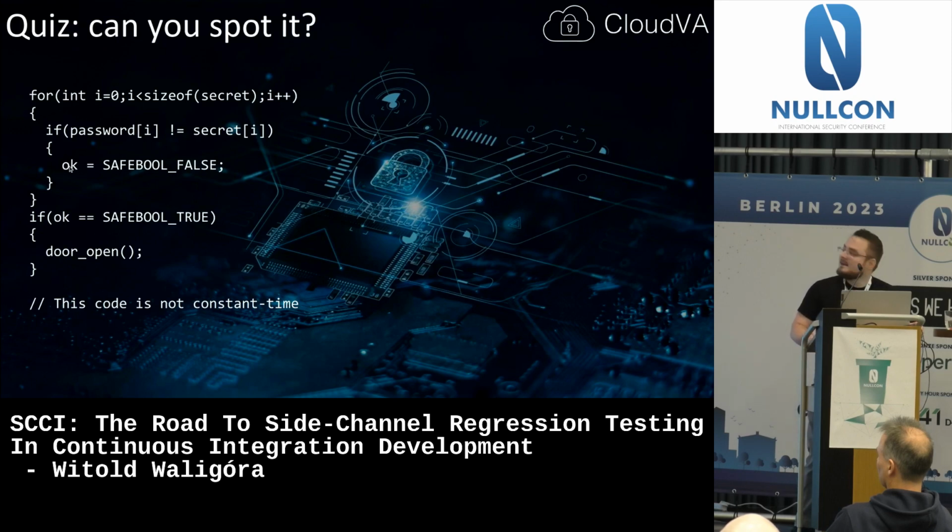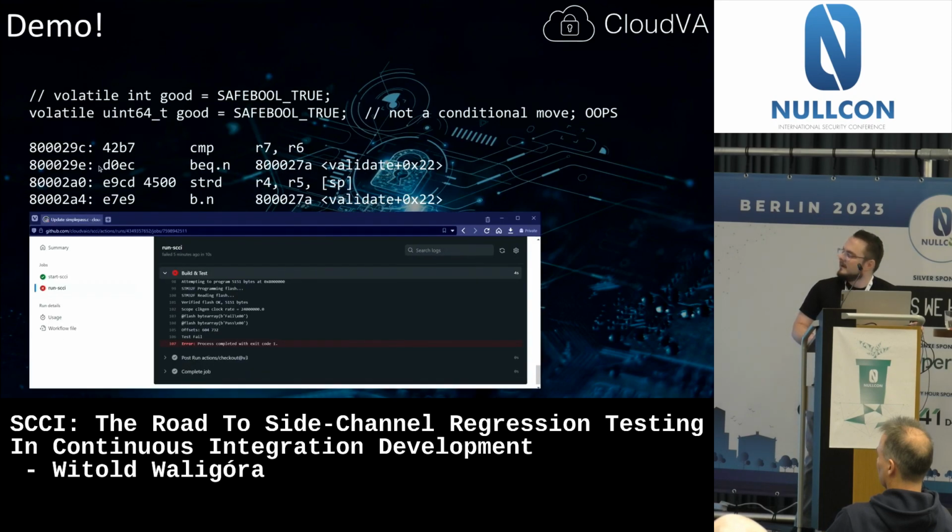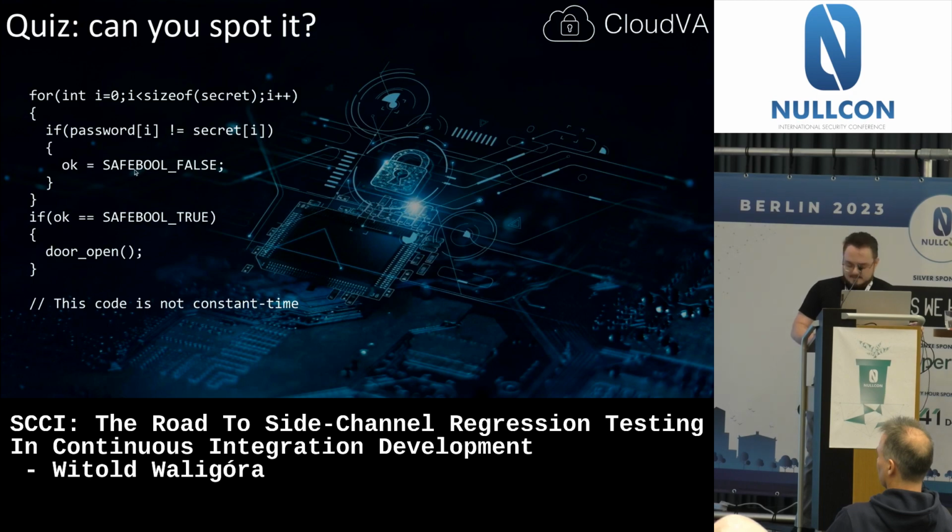The point is that, depending on the type of the OK variable, it's either constant time or not. On ARM chips, you have a conditional move. If the variable is 32-bit or shorter, then it's one instruction, a conditional move.